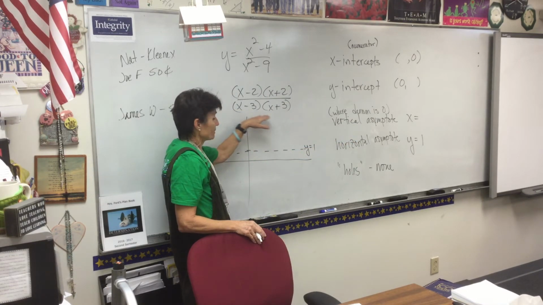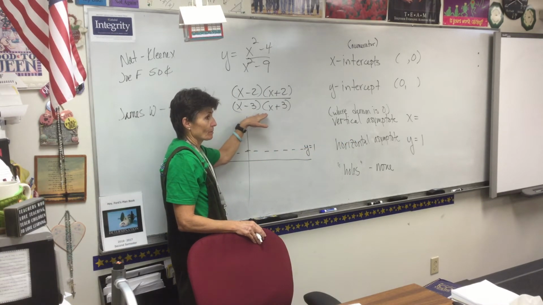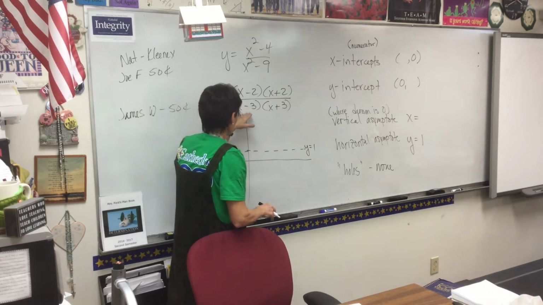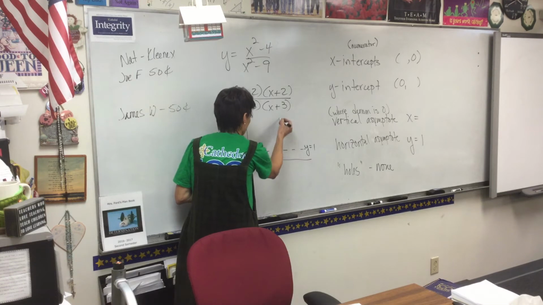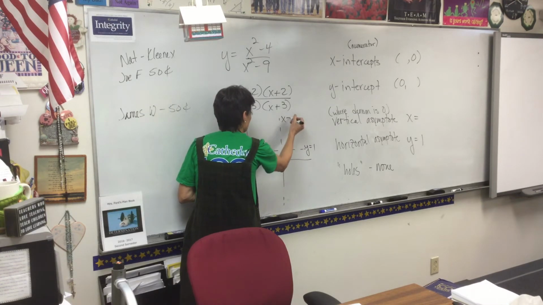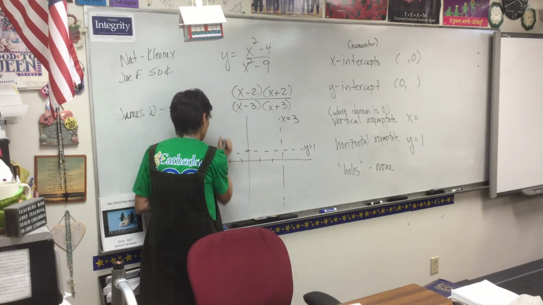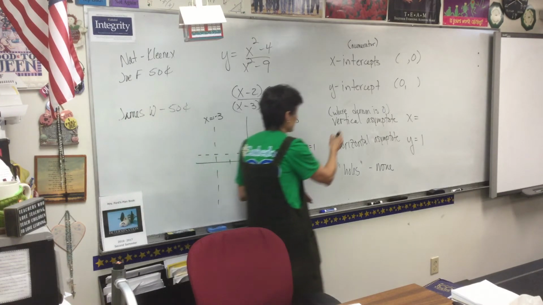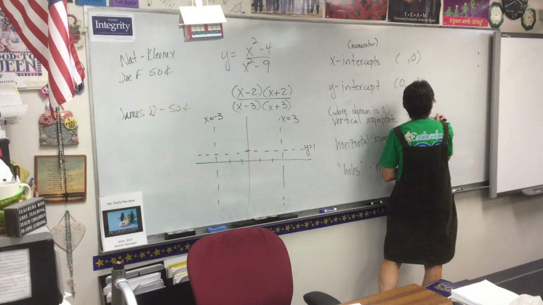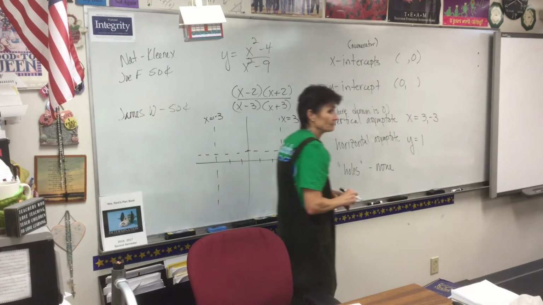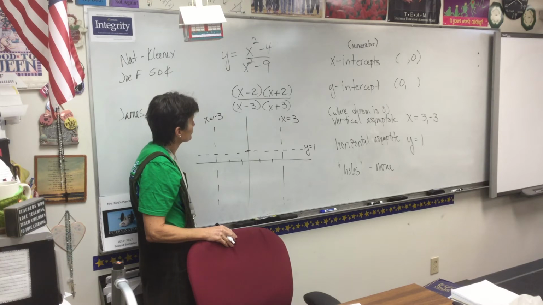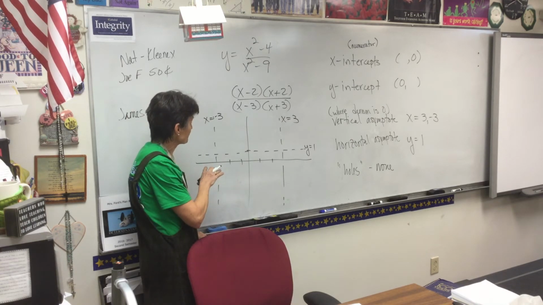Well, wait a minute. I have a denominator that'll be 0 at 3 and at -3. So I have 2 vertical asymptotes, 3 and -3. And no holes, I got my asymptotes.